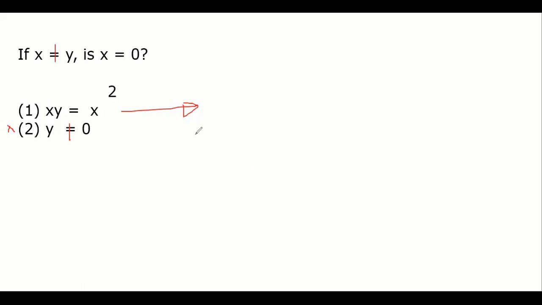That's why this is very important here. So this can be true only when x is 0, otherwise it cannot be true. There is no other value. That is why 1 alone is sufficient. Very good, Dhanu.